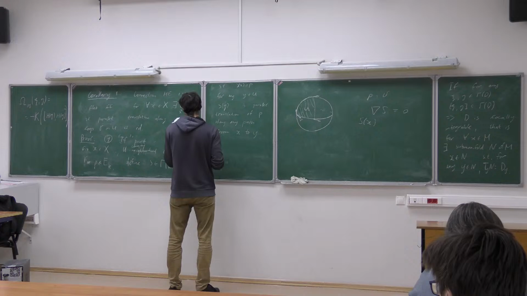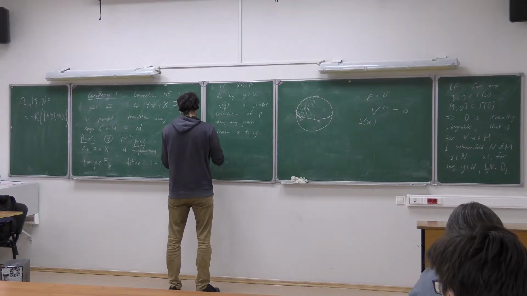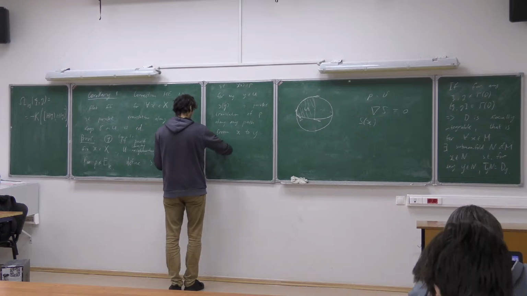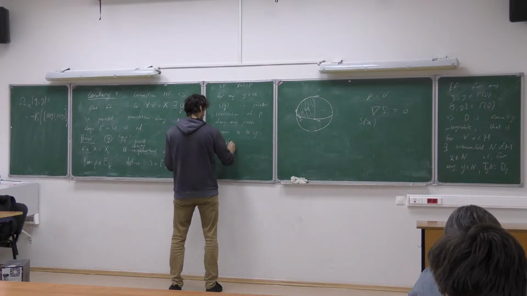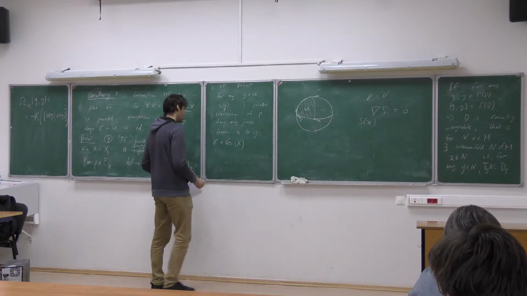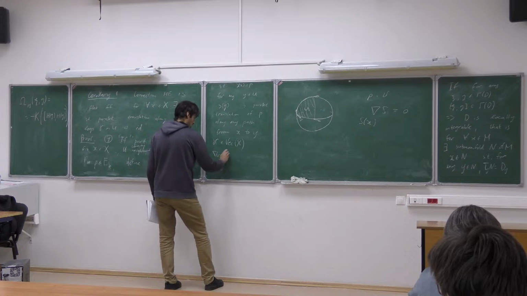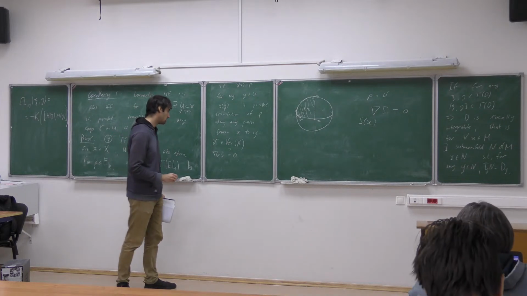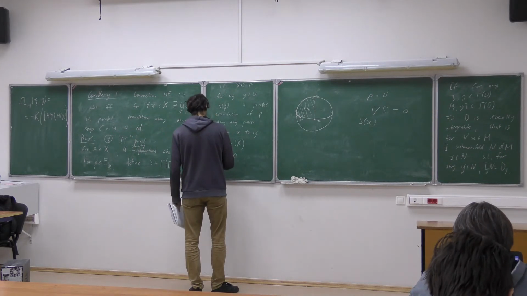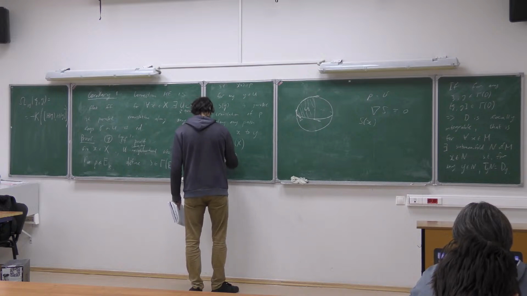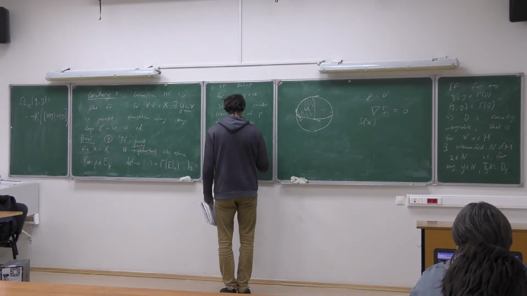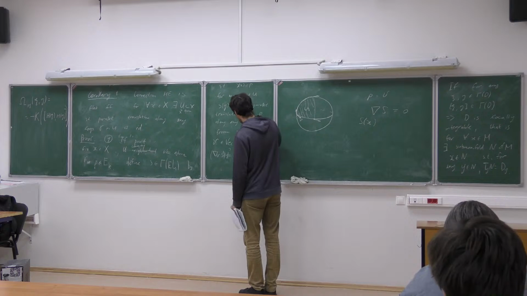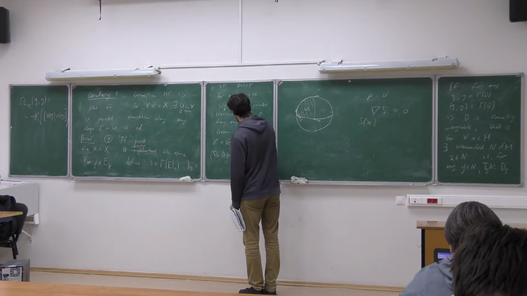Right, but then I claim that if I take any vector field V on X, I need to see that nabla V of S is 0 at any point Y. Well, this is V in Vec X, or V in Vec U in this case.